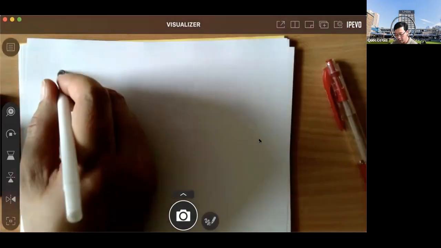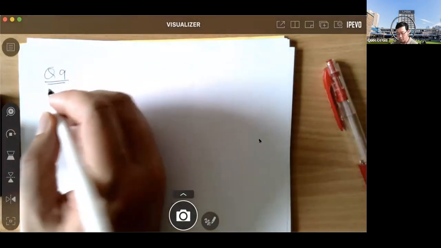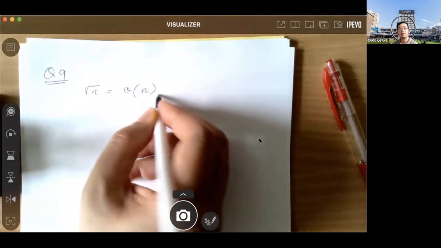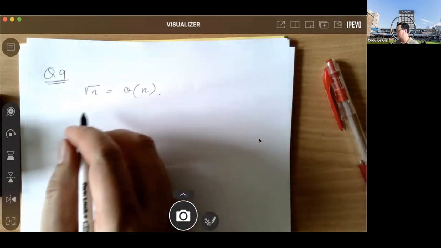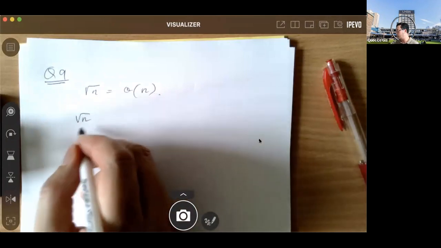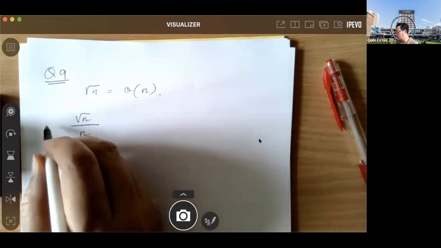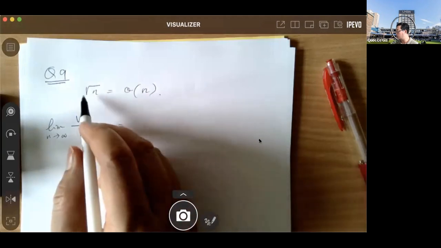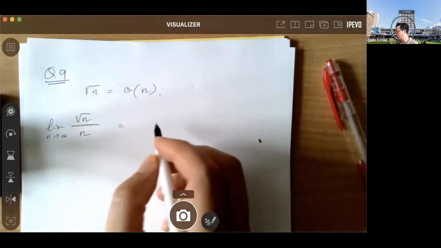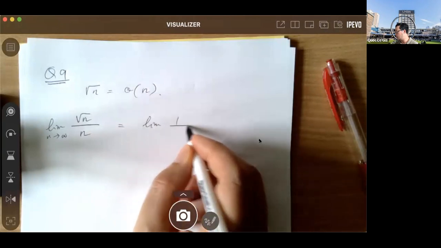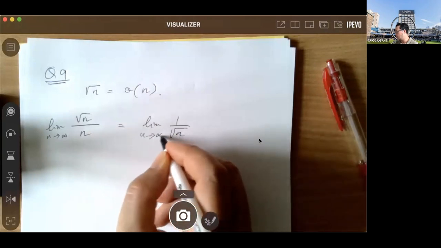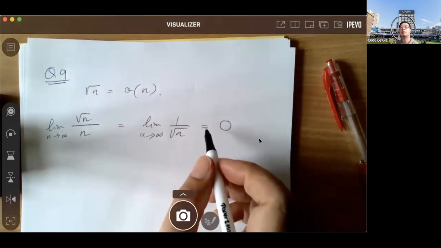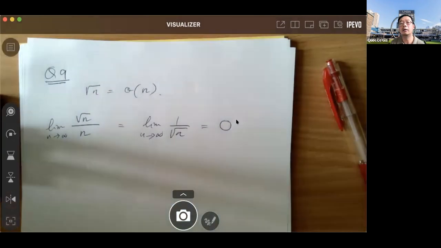Now number 9. Suppose I want to show that square root of n is little o of n. By definition, you take the limit of the ratio, square root of n over n. If this limit equals 0, then you say that square root of n is little o of n. This limit is 1 over square root of n, which equals 0.